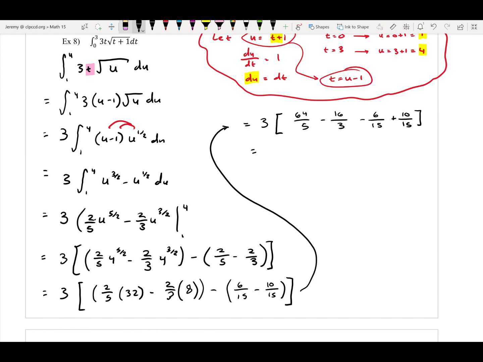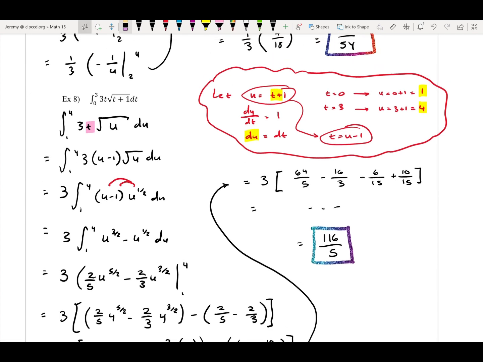And then from here, I would get common denominators. I think 15 is going to be my common denominator here. So I'm going to spare you the rest of the work. We're left at the end of this with 116 over 5. That's how everything simplifies. And I'll box that up as my final answer.